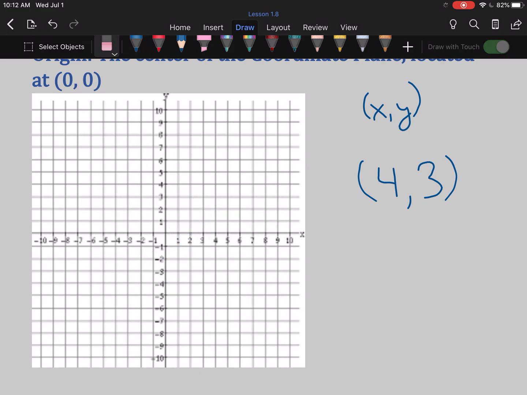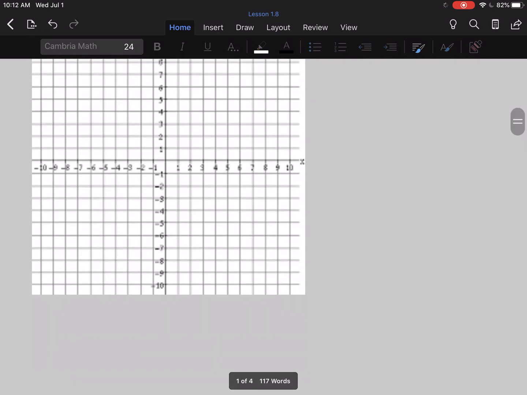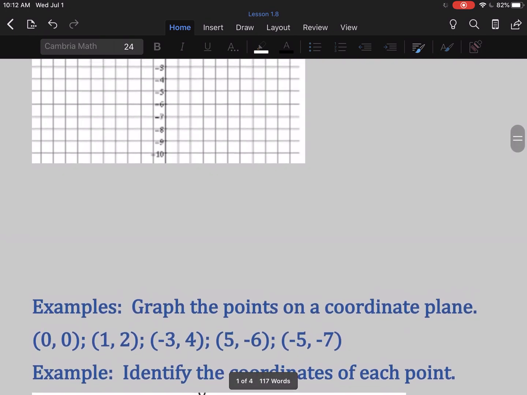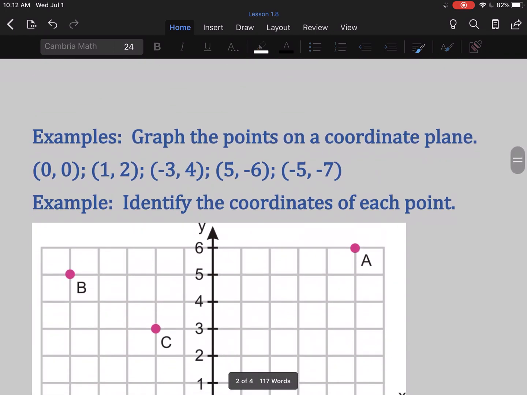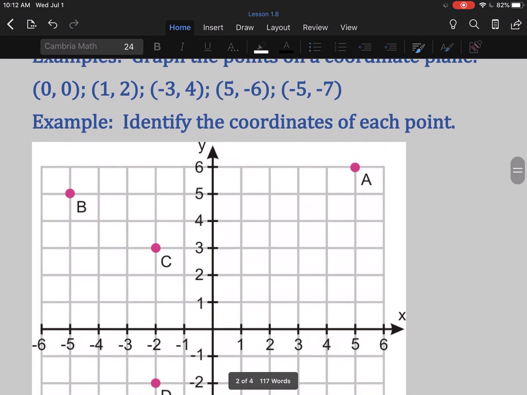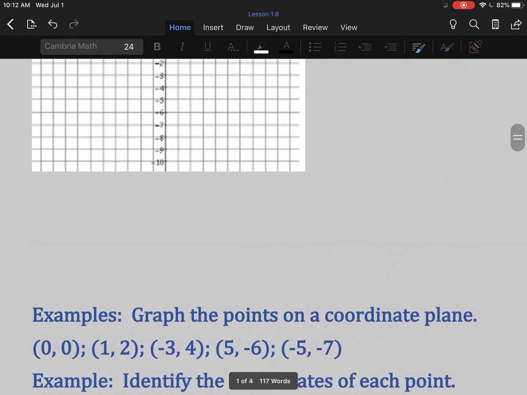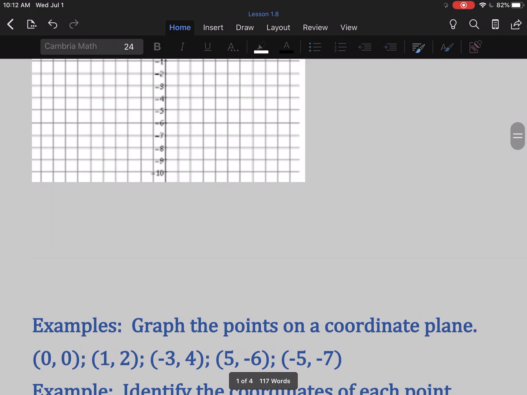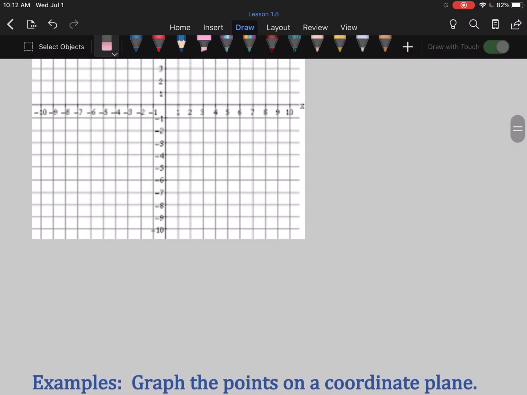Where's my eraser? So, graph these points on a coordinate plane. And I'm going to have to do it above. Okay, so I'm going to move them back and forth. 0, 0 is the origin, which is, oh, that is tiny.